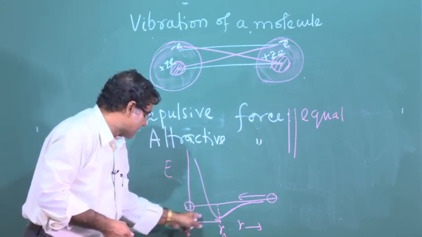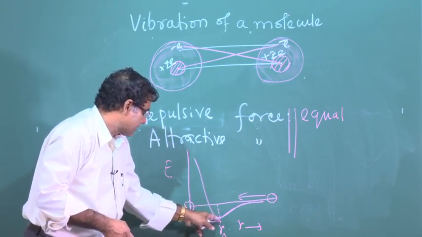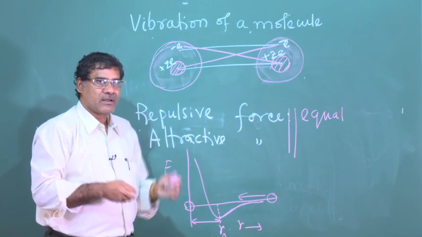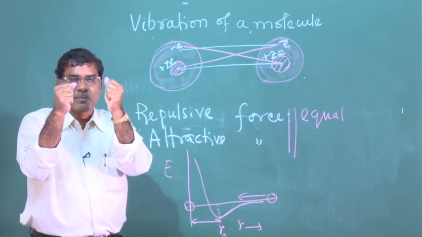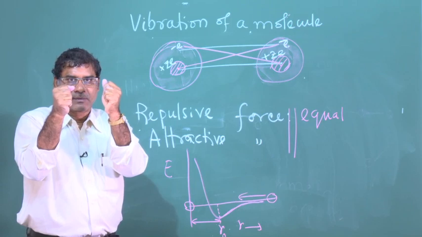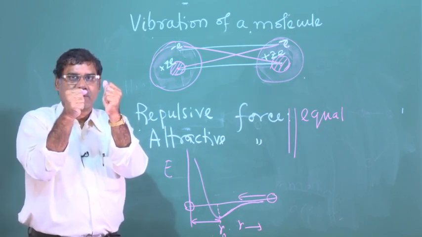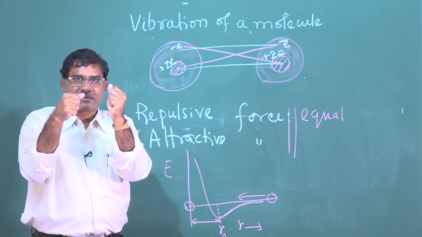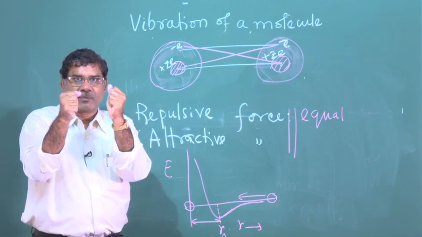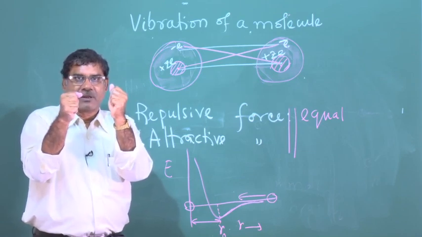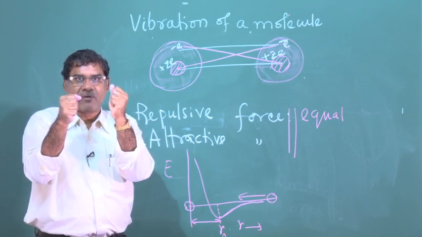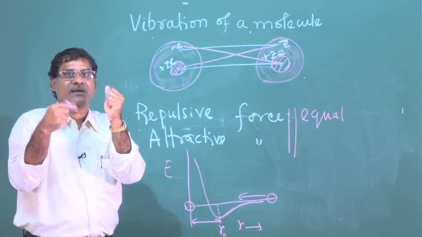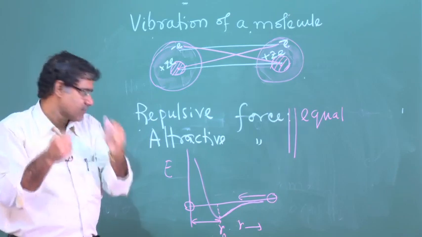But on this side, the change of energy is very sensitive to the change of distance. That means if you try to bring the two molecules closer than the equilibrium position, the rate of change of energy is very high. On the other hand, if you take them away from the equilibrium distance, the energy also increases, but the rate of increment is slow.